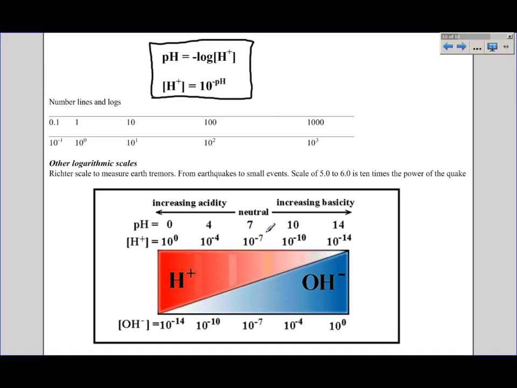This diagram gives you a nice visual of the changing concentration of H+ as we change the pH. We're going from a pH of 0 across to 14. The concentration of H+, written as 10 to the power of the negative pH, so 10 to the 0, 10 to the negative 4. As you can see, as the pH increases, the concentration of the H+ decreases drastically.